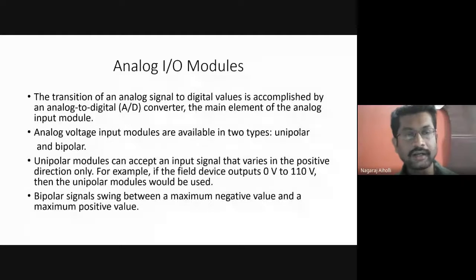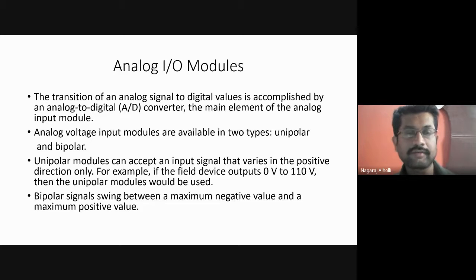In analog input modules, there are two types. Unipolar modules are used to measure only single direction voltages, that is from 0 to 10 volts, or 0 to 110 volts, like that.